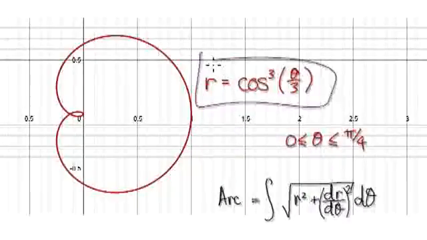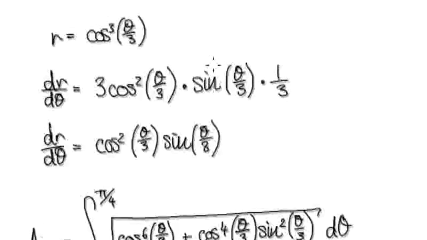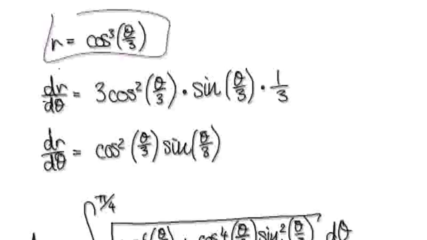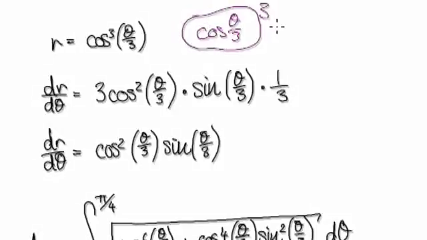So looking at r equals this, we need to differentiate it to obtain dr by d theta. When you differentiate this, visualize it as cos theta over 3, and then all that stuck in a bubble to the power of 3.